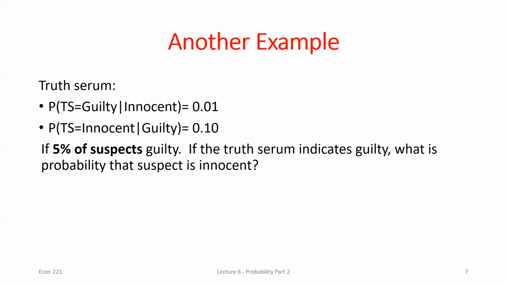The probability the truth serum makes them say they're innocent? Well, I'm told one of those. Given that they're guilty, the probability the truth serum makes them say they're innocent is 0.1. So given that they're guilty, what's the probability the truth serum makes them say they're guilty? These two things should add up to 1. We're on the same branch, we've conditioned on the same state of nature.